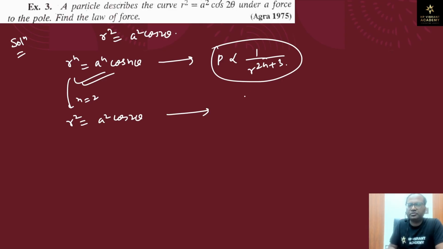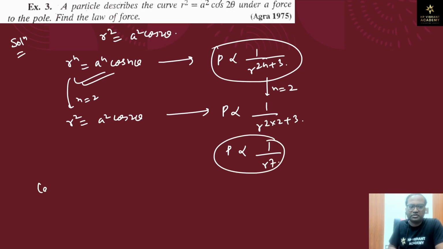So the law of force will be, let us put n is equal to 2 in this particular expression. So P is inversely proportional to r to the power of 2 into 2 plus 3. So P is inversely proportional to r to the power 7.